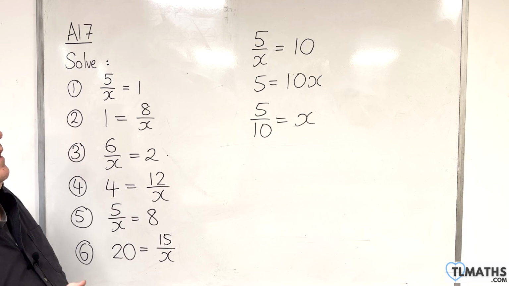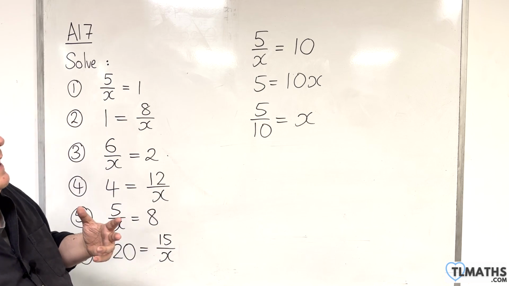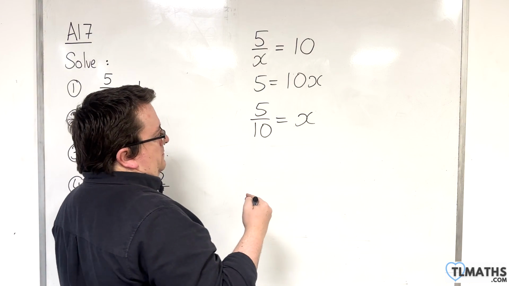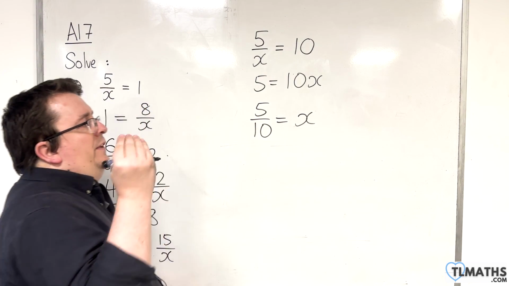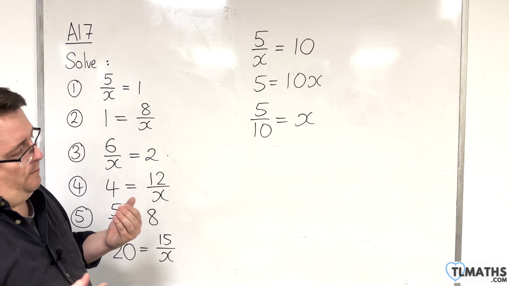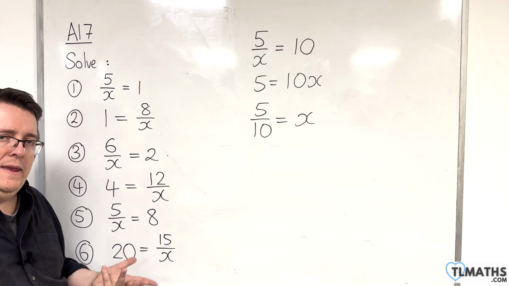Now, I'm going to go one step further here, and I am going to divide both sides by 5. This isn't something that you would do in order to solve the equation, but I'm just manipulating the algebra to get it into a format that I want it to be in.